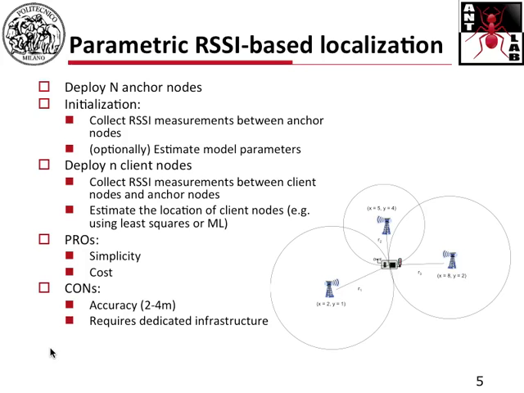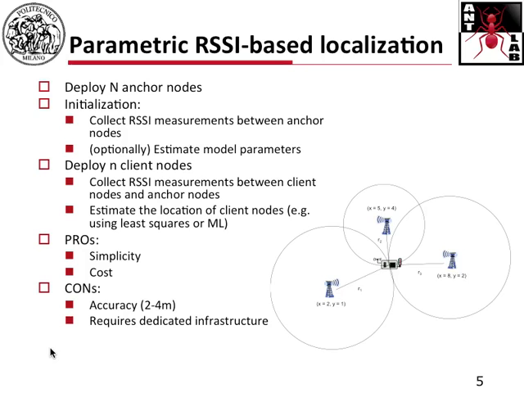To localize, what you have to do is to collect some measures of received signal strength between anchor nodes. So without the client to be localized, you first collect received signal strength measures out of transmissions between anchors, just to estimate the environment, so to get to know what kind of parametric model to use.